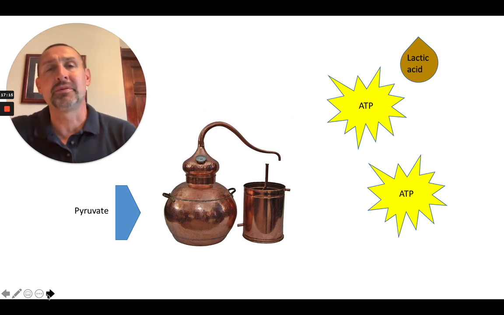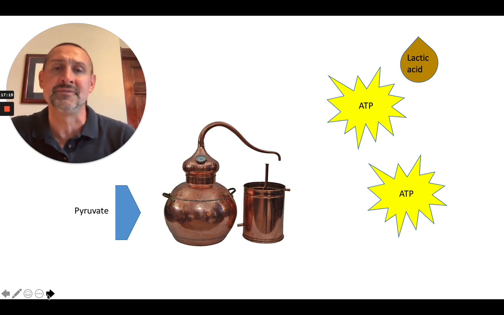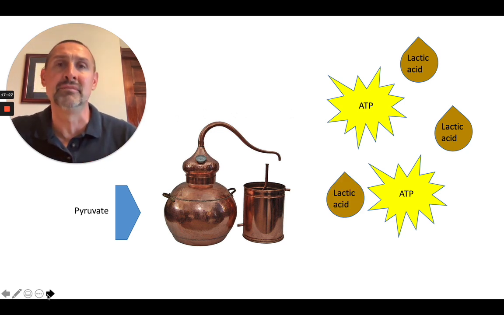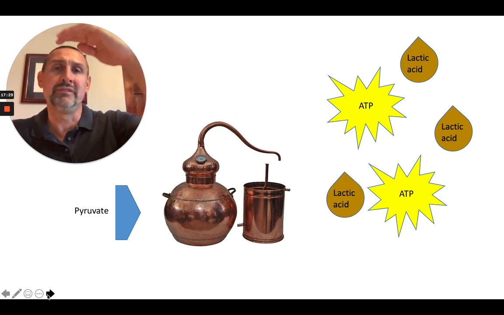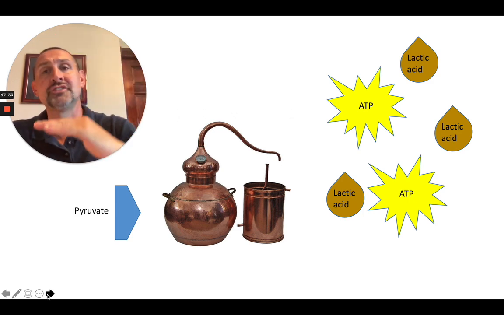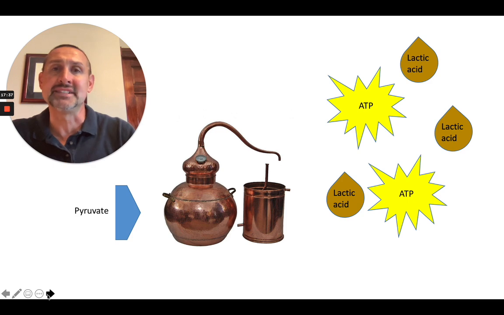The downside of the process is that we also get this other byproduct called lactic acid. As lactic acid builds up, your muscles start to burn. You feel that burn in the muscles. So you go from having a lot of energy, 36 for each glucose you break down, to 2, and you start to build up lactic acid.